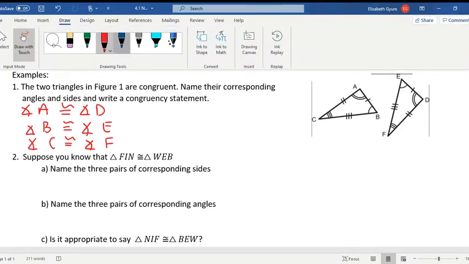Then for corresponding sides, well, our sides are segments. So if you take a look at these sides, side AB is marked as congruent to side DE, or I'm sorry, AB, I would have to name that DE, right, because A goes with D. Those are congruent, so those would be our corresponding sides there.